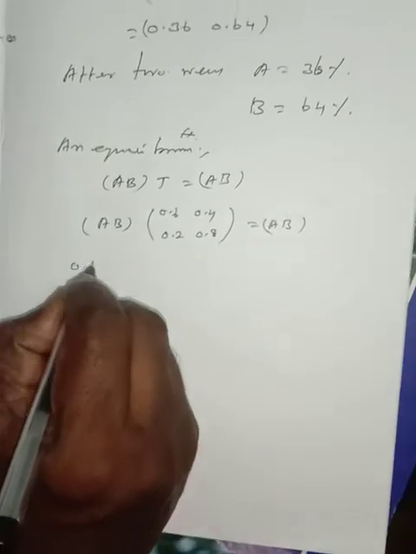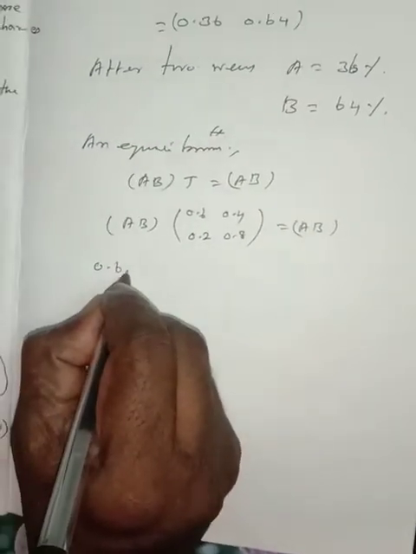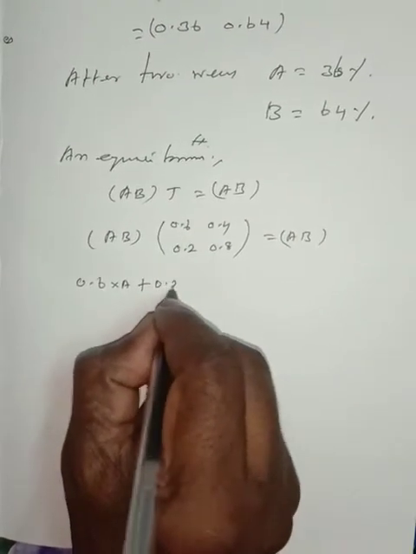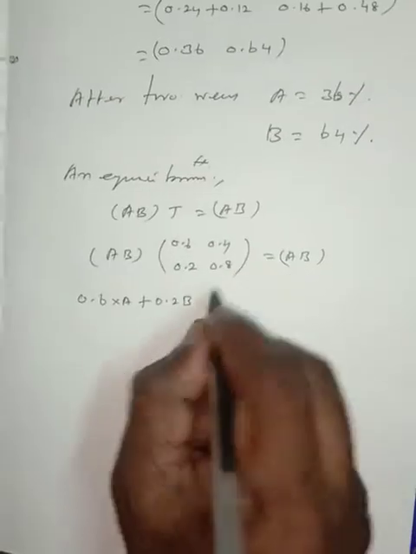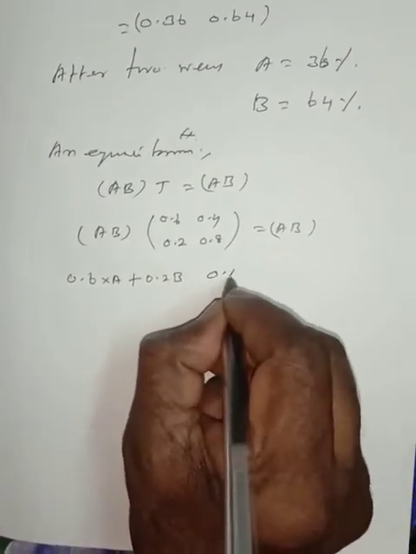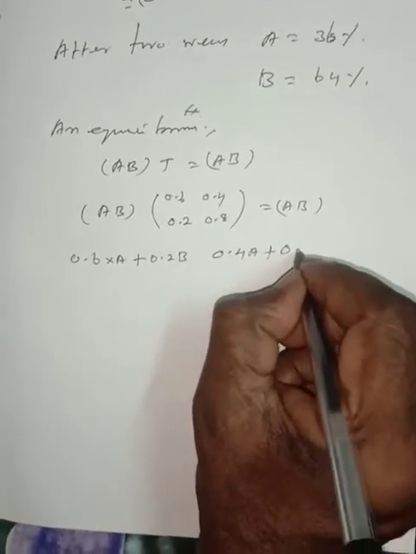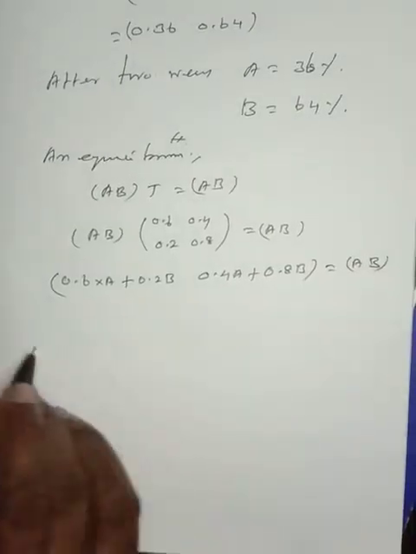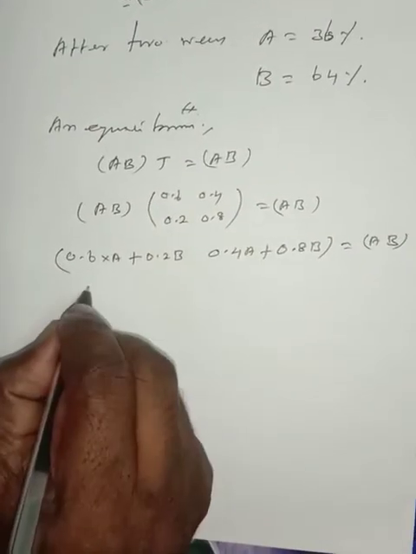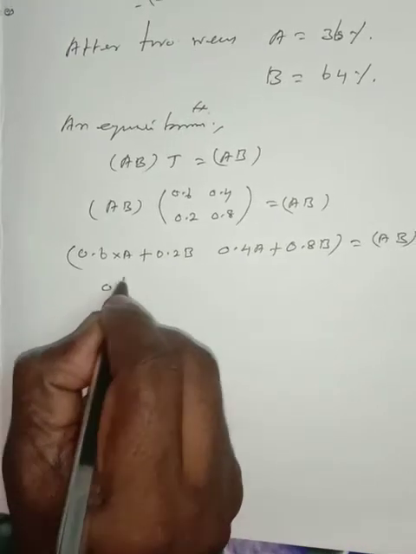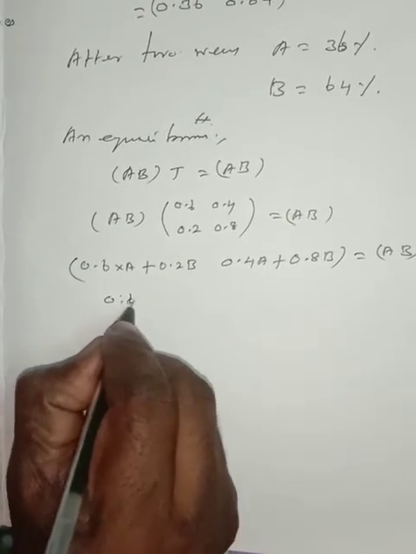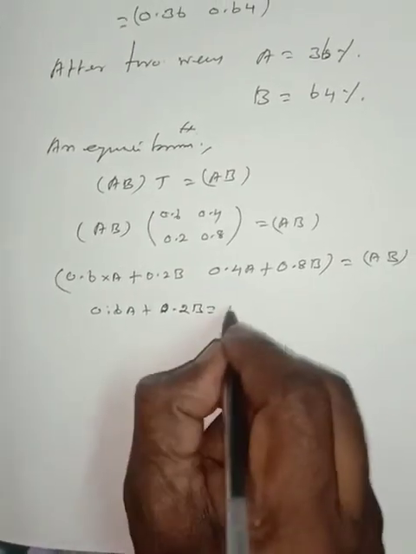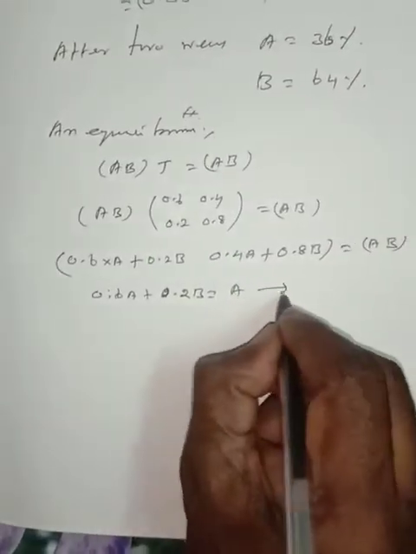So 0.6 A plus 0.2 B, next 0.4 A plus 0.8 B is equal to AB. 0.6 A plus 0.2 B is equal to capital A. Number this as 1.